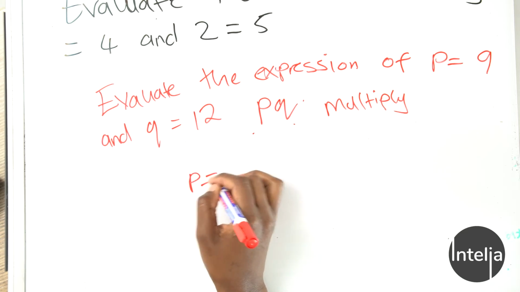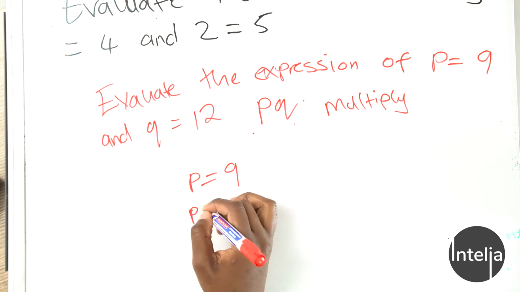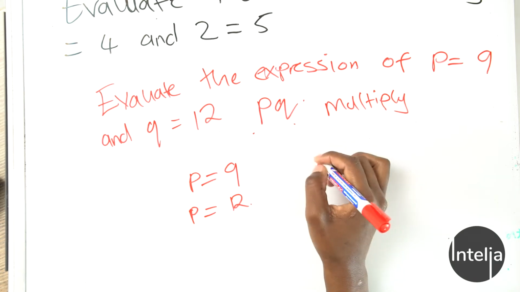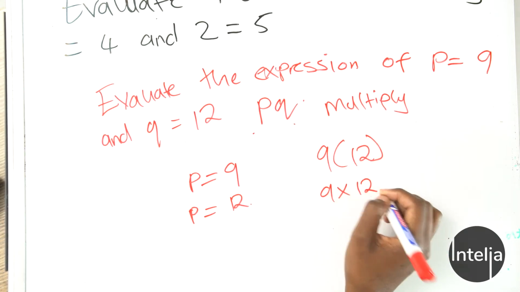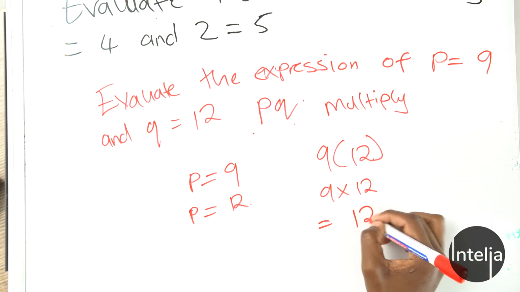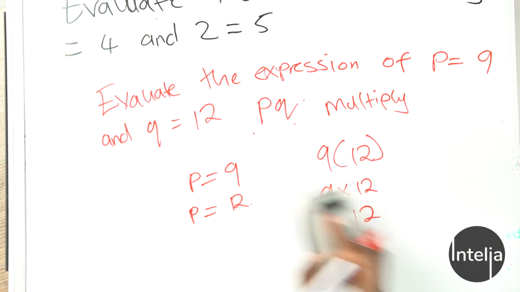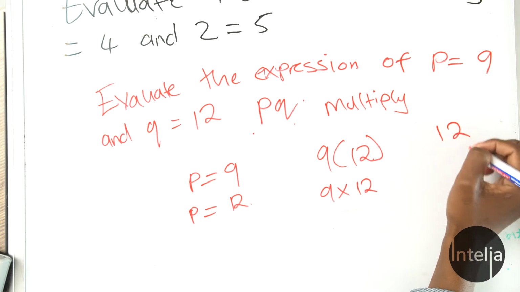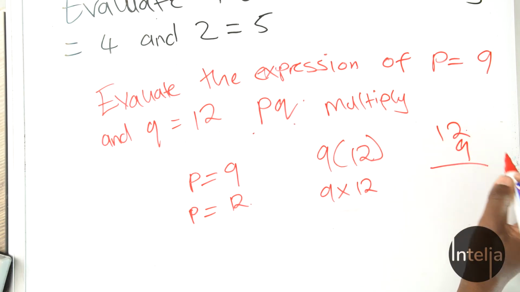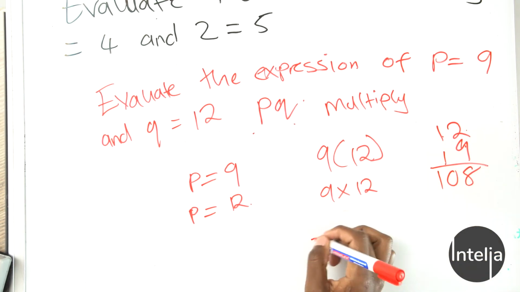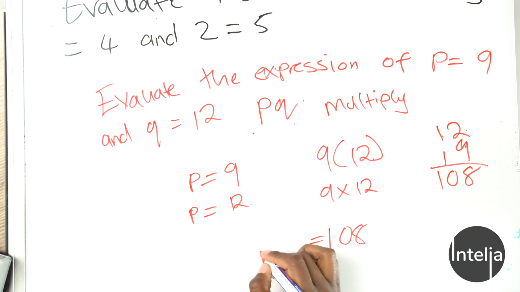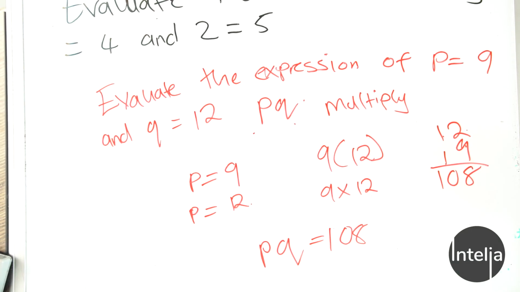So our P is equal to 9, our Q is equal to 12. So let's multiply 9 bracket 12 is 9 times 12. We multiply the 12 and the 9. 12 times 9, 9 times 2, that's 18, 8 get 1, 9 times 1, that's 9, plus 1, that's 10. So our answer is 108. So PQ is equal to 108, like this.